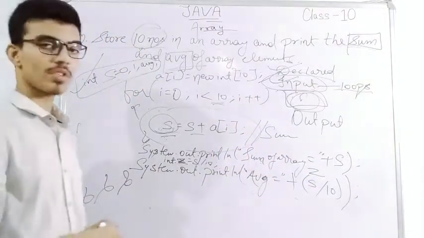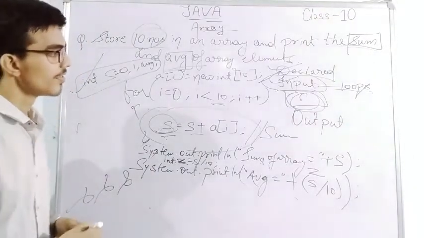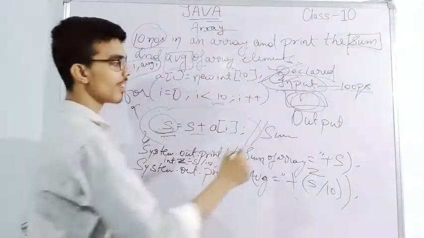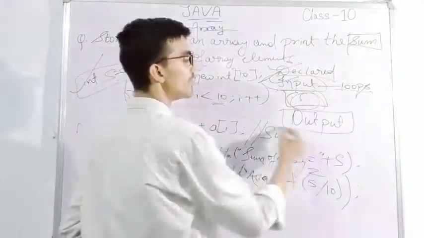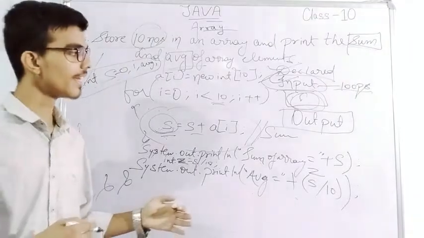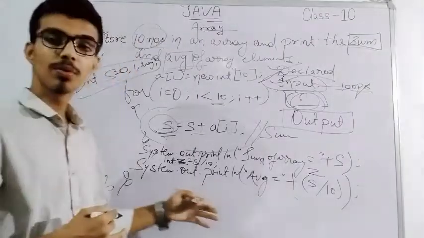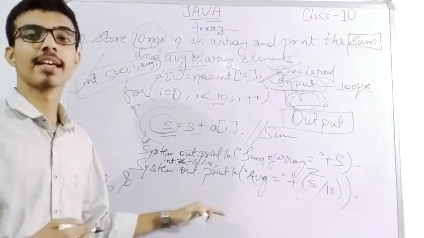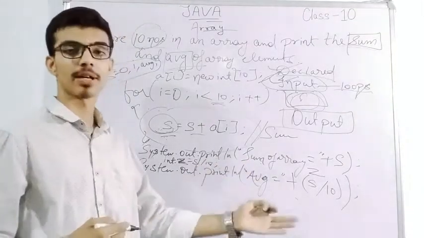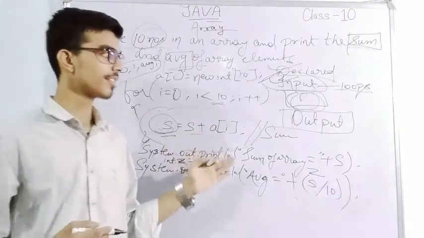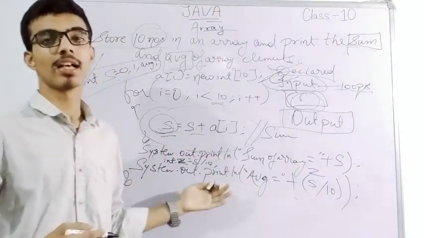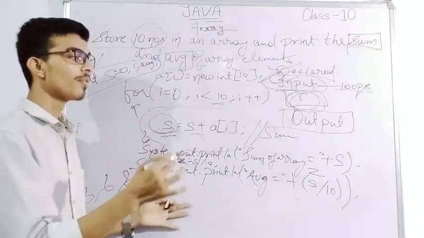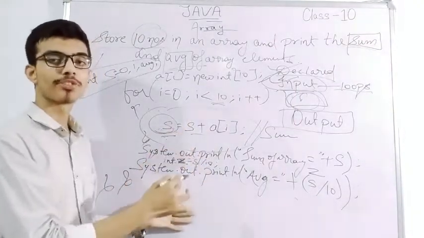Here we don't have to write outputs in a different form, as the question asks in one form only, the sum and average of terms. If it had asked to print the values we took from the user again, then we would have to start a loop in the output also.